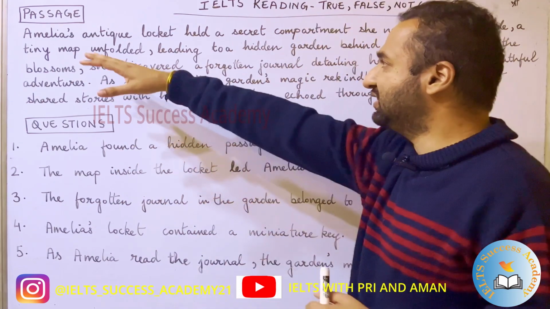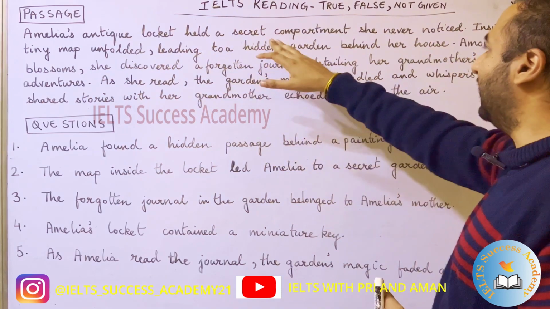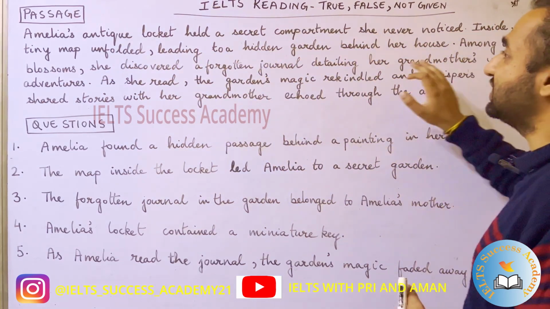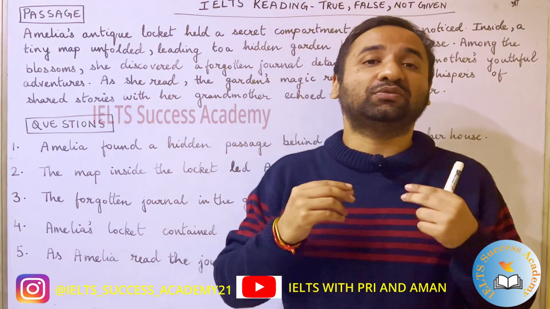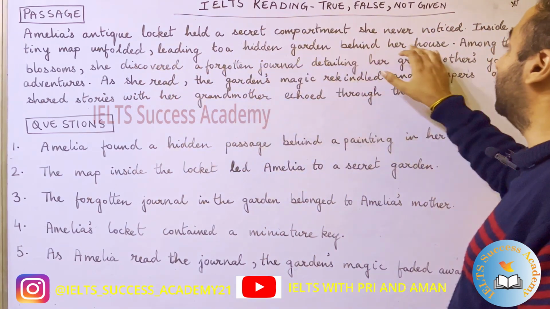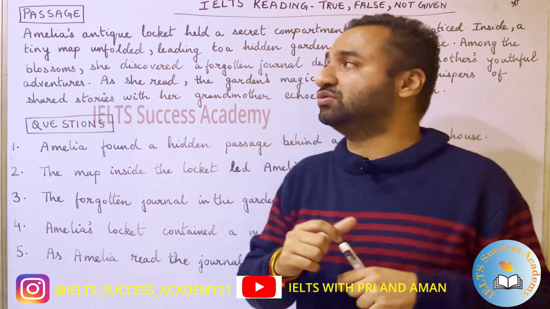Okay, so let's look at this passage. Amelia's antique locket held a secret compartment she never noticed. Inside, a tiny map unfolded, leading to a hidden garden behind her house.